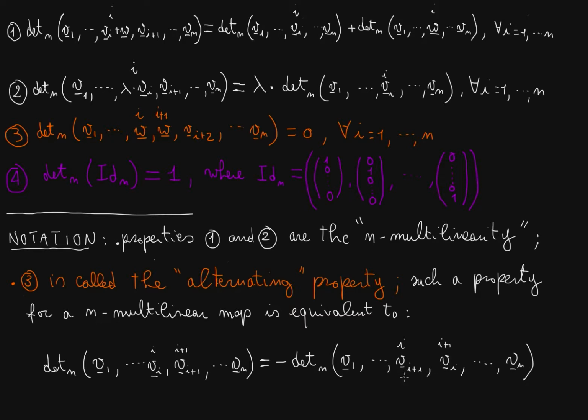If we switch the order of two of the arguments, the determinant will change sign, picking up a minus in front. So in the case of multilinear maps, this property is equivalent to the one stated in number 3, namely the determinant is 0 when two consecutive vectors are equal.